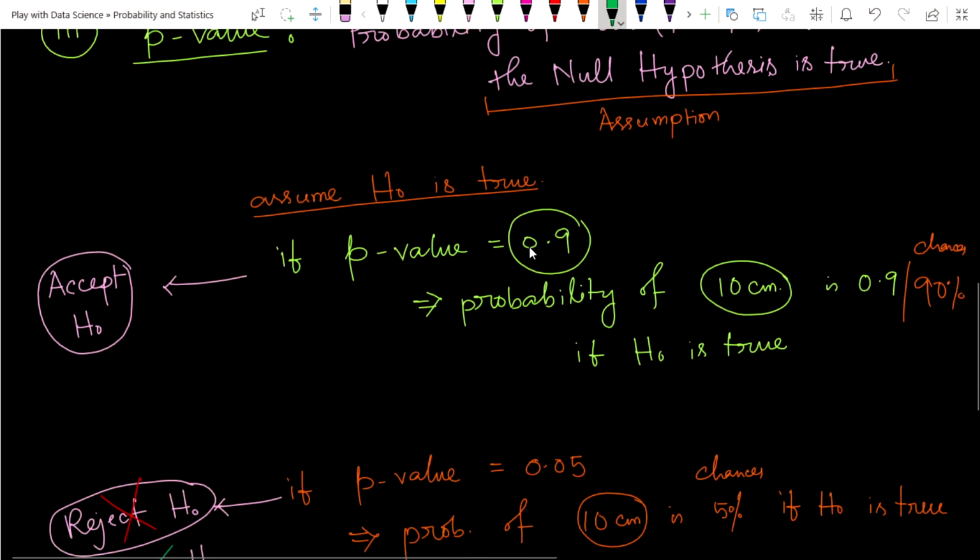If on the basis of our assumption, that there are no differences, we get a very high probability value, then we conclude that our assumption is correct, and in that scenario we accept our null hypothesis.